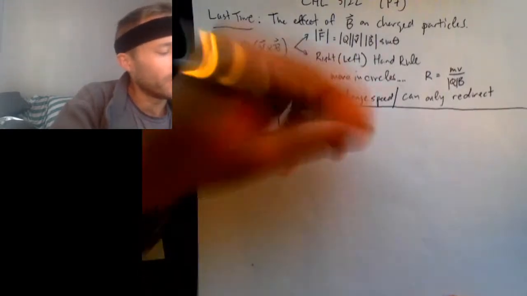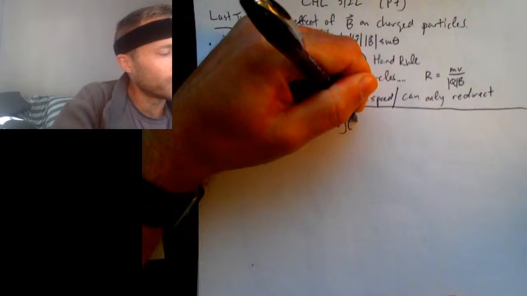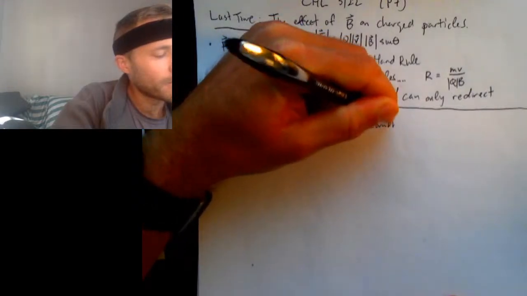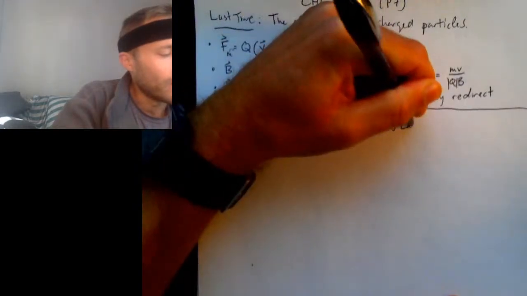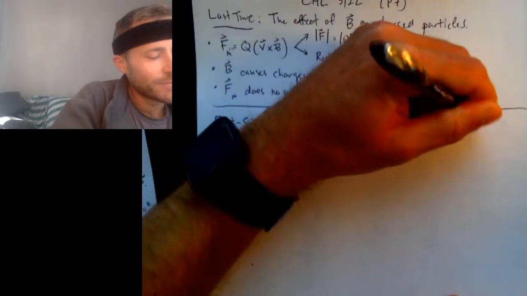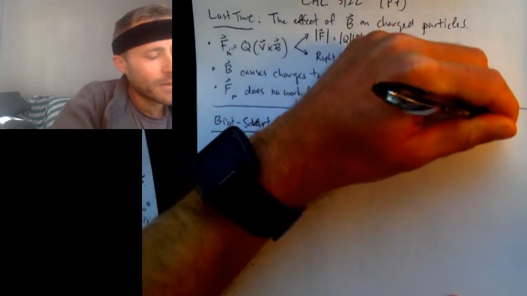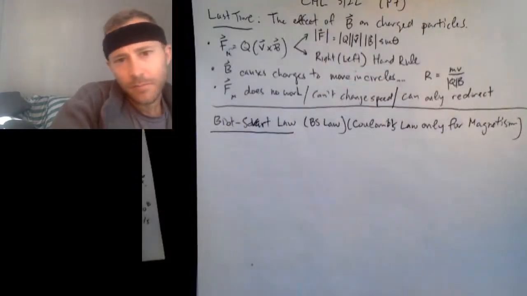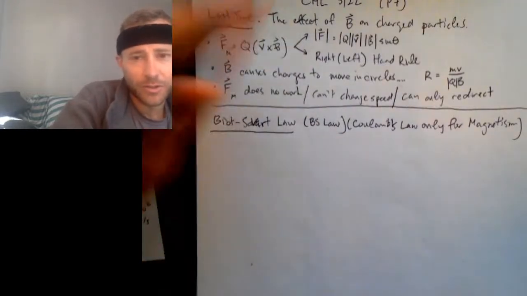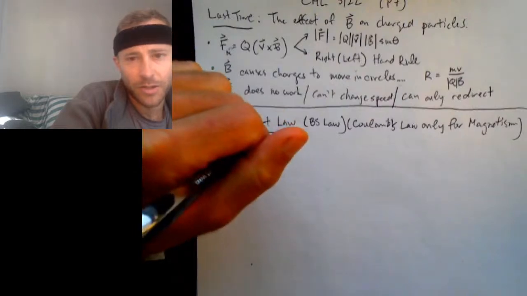But basically it is Coulomb's law, only for magnetism. If you recall, Coulomb's law is the law that tells you how to get the electric field from a charge.